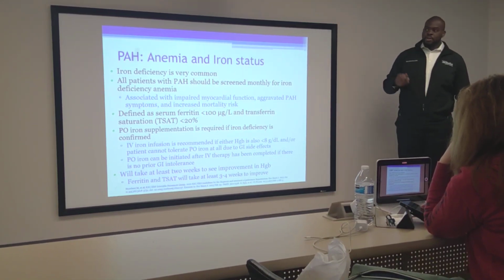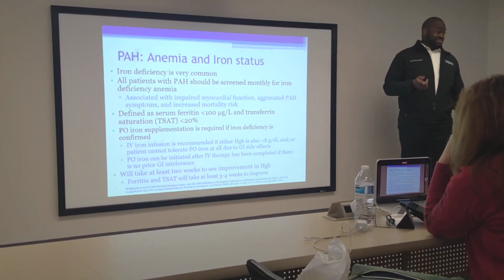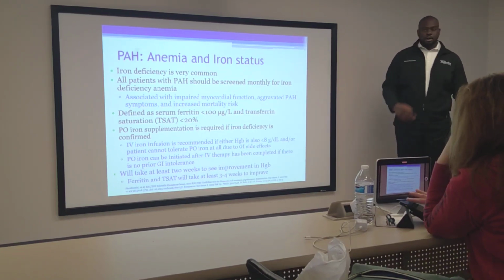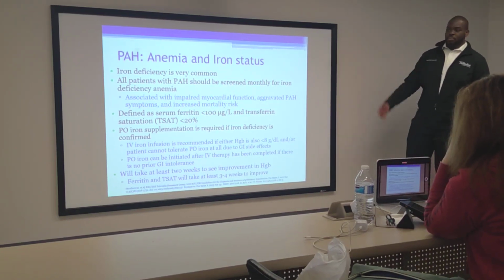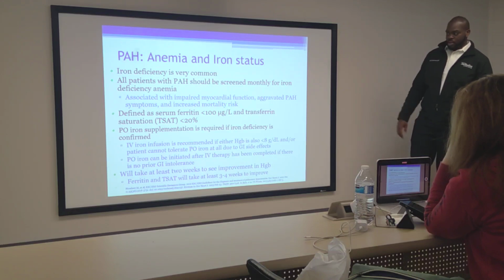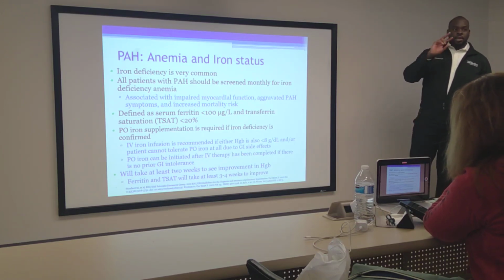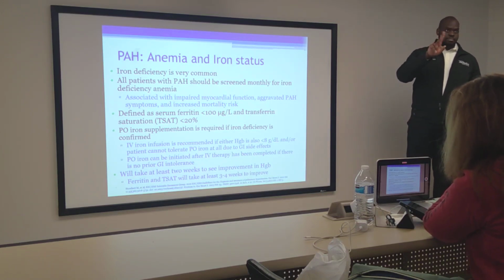Usually the hemoglobin is a 7. That's when we usually start giving PRBCs, or a red blood cell transfusion. Now we say less than 8 because there are patients who fall in between 7 and 8, so we're trying to prevent them from having a blood transfusion.